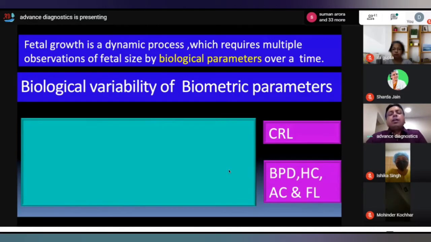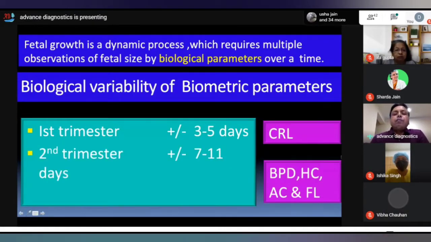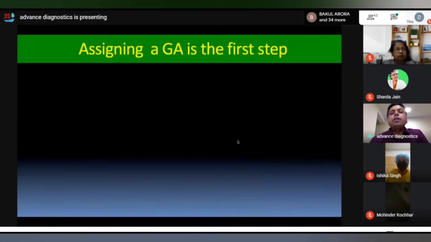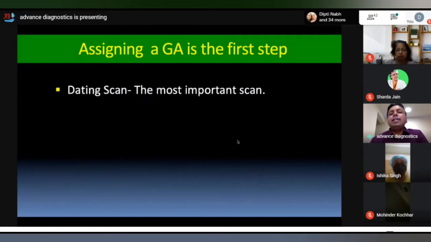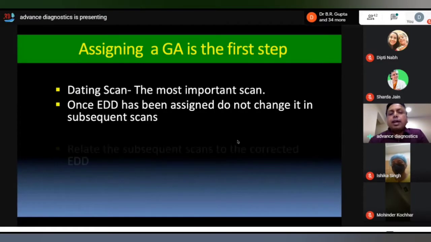But the problem is that each biological parameter has its own biological variability. This is least with the CRL, that is only 3 to 5 days. That is why the dating scan is the most important scan for determination of the fetal age. So the first step is assigning a gestational age. So the dating scan is the most important scan.